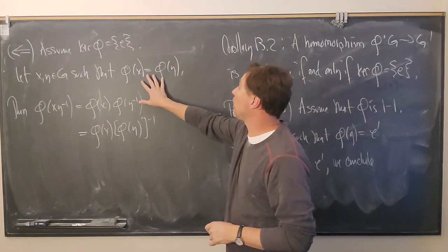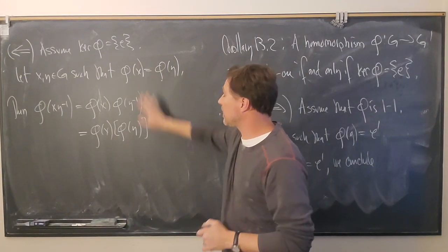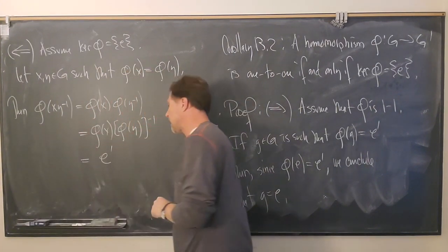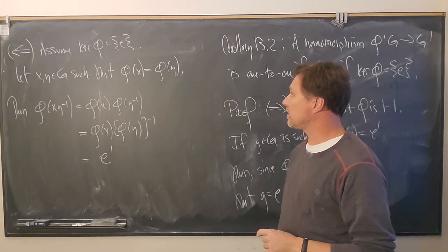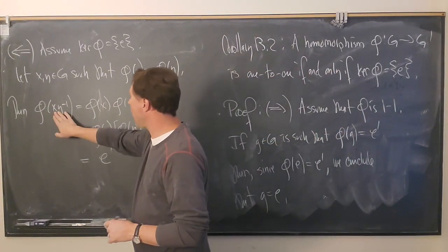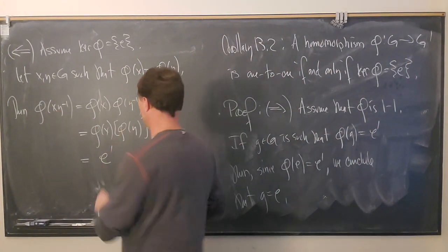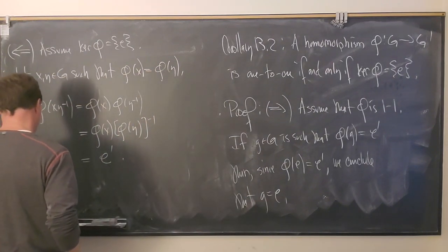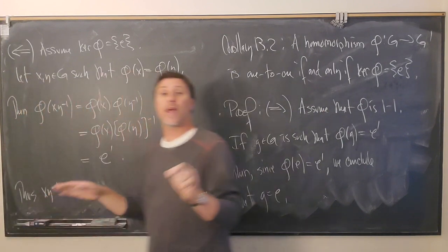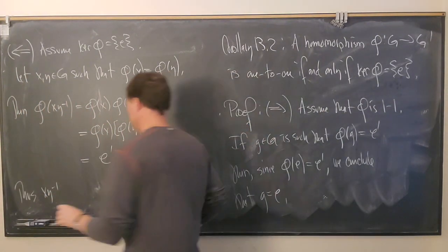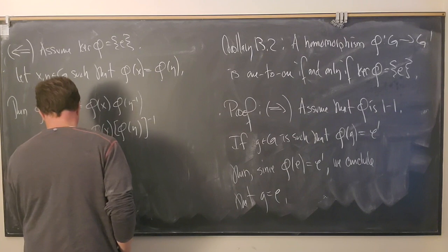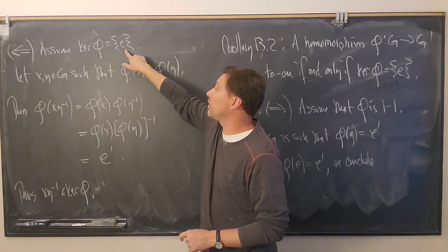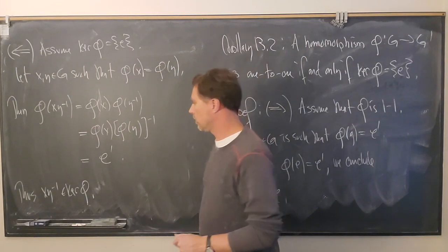But then looking at the equation right here, we know that this is equal to the identity, so that's got to equal E prime. So that tells us that x y inverse is in the kernel of phi. What do we know about the kernel of phi? It's equal to the trivial subgroup.